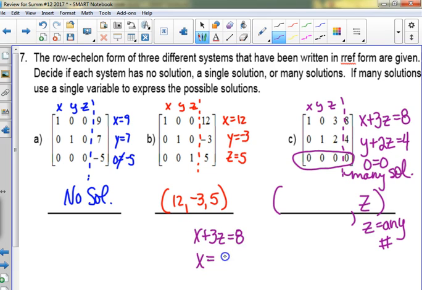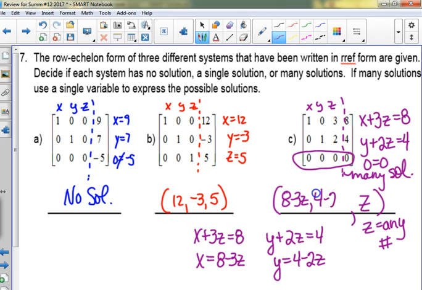X equals, yes. So it'll be 8 minus 3Z, and that's what's going to go in here. When you're done, just know that it has to have only Z's in it, okay? The second equation, Y plus 2Z equals 4, would rearrange to 4 minus 2Z or -2Z plus 4. Better? Did I do it in such a way that it makes sense? I want to make sure you understand it so you can do it again.